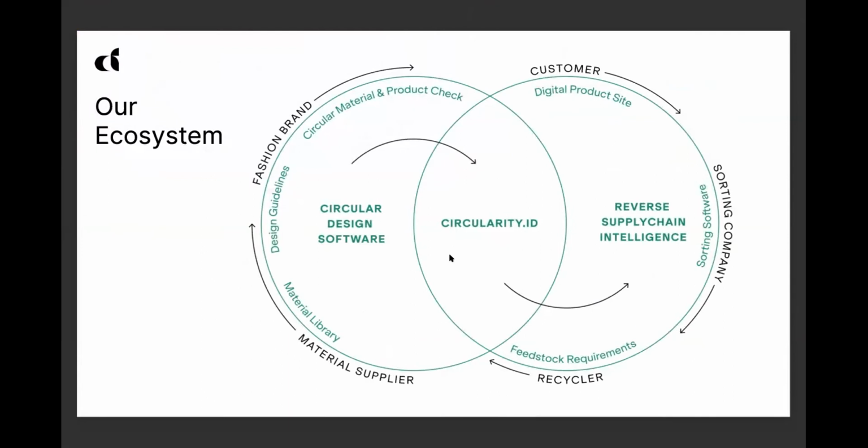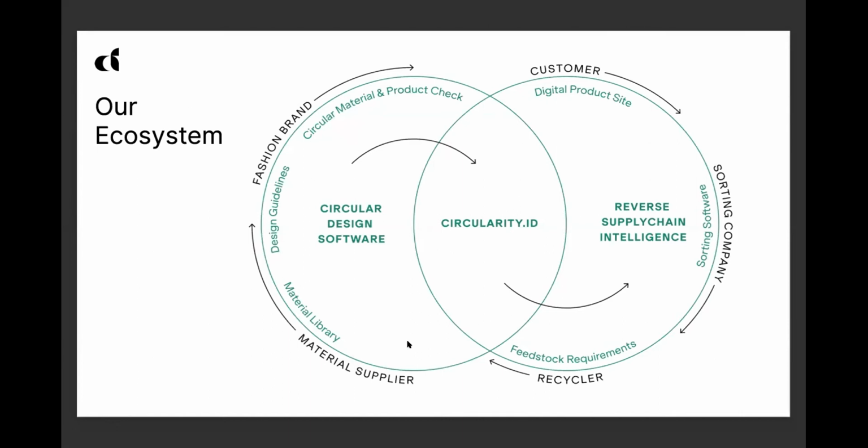We started off with the main part of understanding what recyclers are actually out there that can regenerate products at a high quality and what their feedstock requirements are. And then we translated that into material and design criteria to make them accessible to designers globally. So we designed this circular design software, which has a material library and design guidelines and things like that, so the product creation can happen in the most circular way.